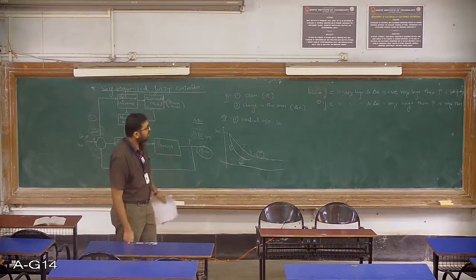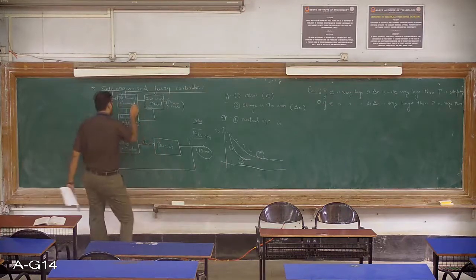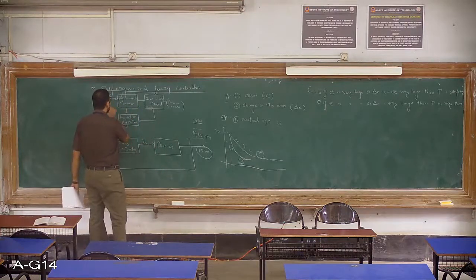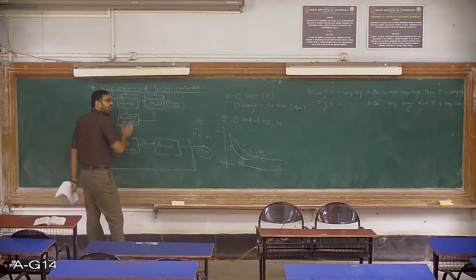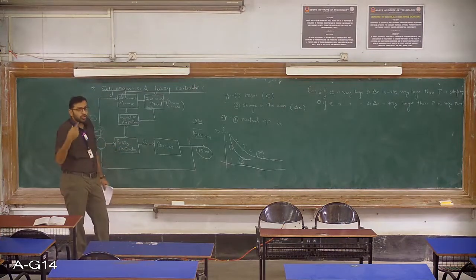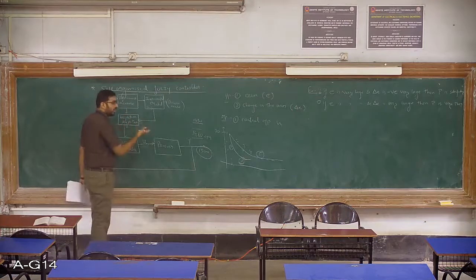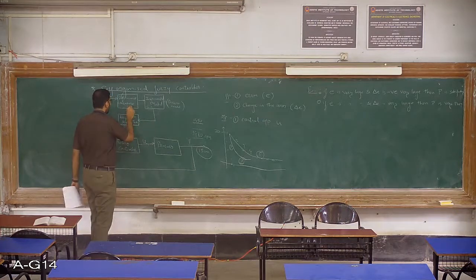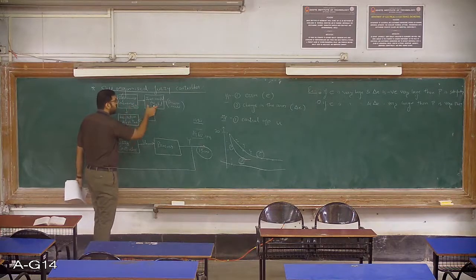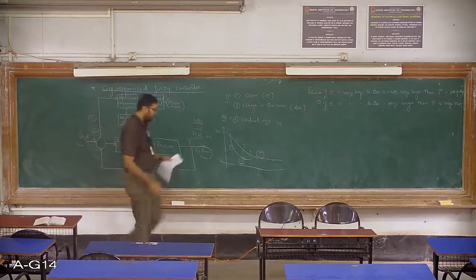Suppose this block was only measuring the performance, and the error is 20, it would just say the error is 20. Now it will measure that the error is 20 and give a correction factor to improve the error. That means, from error 20, how can I get it to 0? What value has to be designed? That will be given to the next block. That is the role of the performance measure block.